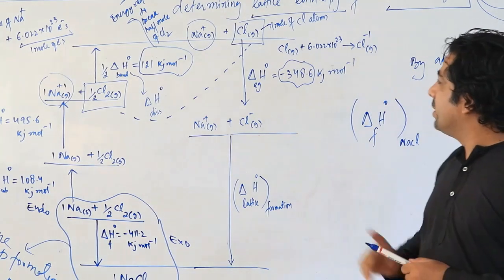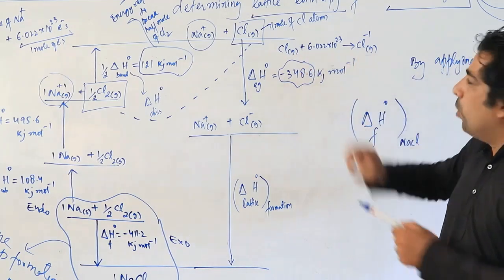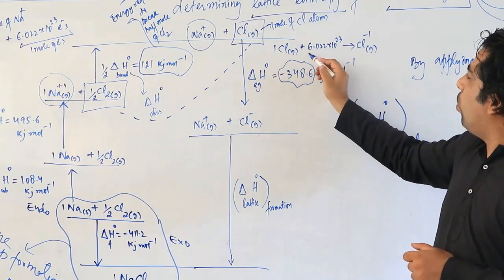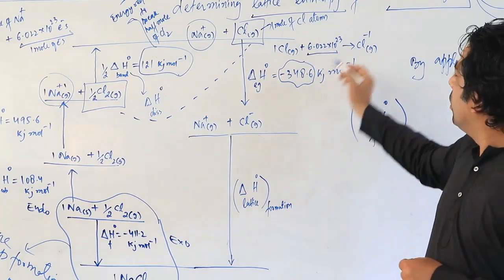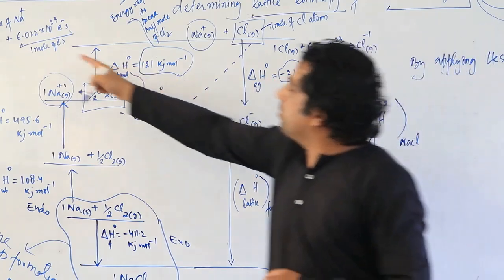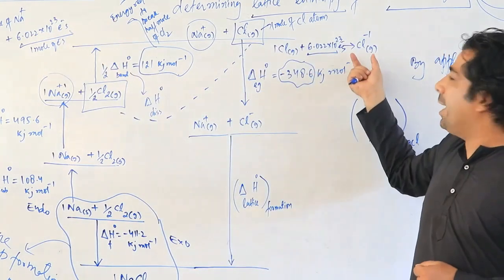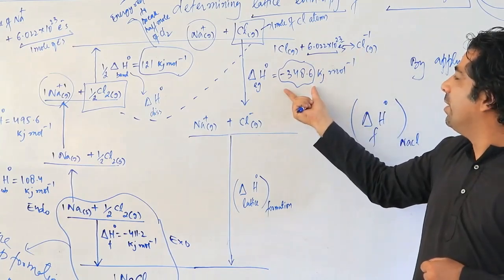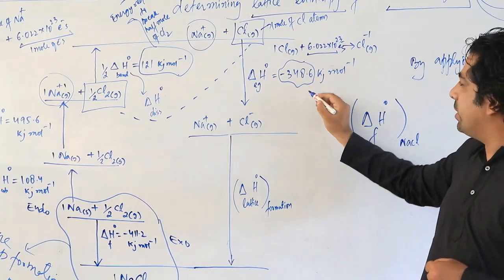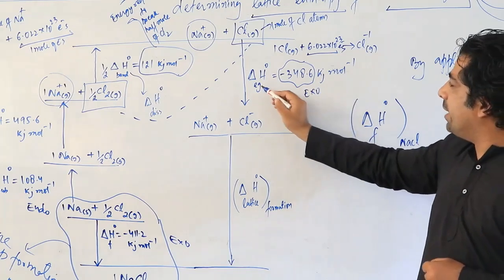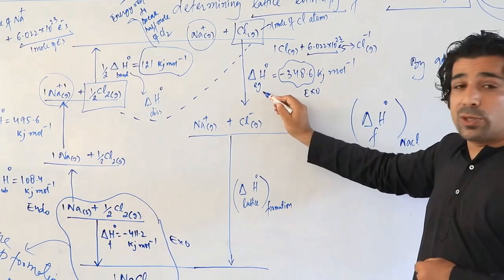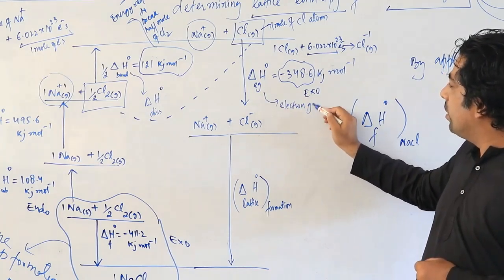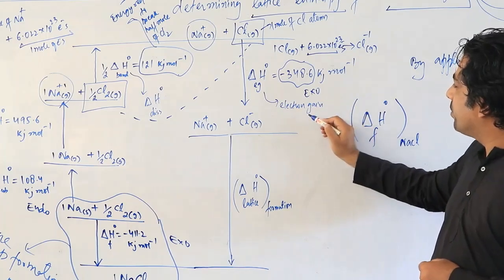So during this process, 1 mole of chlorine gas is accepting 1 mole of electrons lost by the sodium and changing into Cl minus. How much energy is released here? That is minus 348.6. So it's an exothermic process. This Eg stands for electron gain enthalpy.